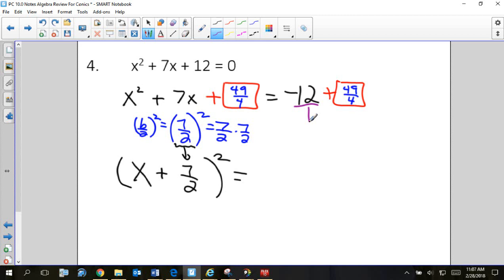Because they like terms, I'm going to multiply this one by 4. So I will be adding together negative 48 fourths plus 49 fourths, which is 1 fourth. You should not use your calculator for this. Please practice without it so you become stronger.